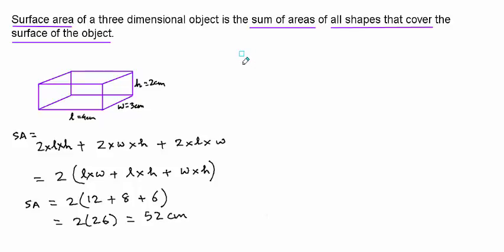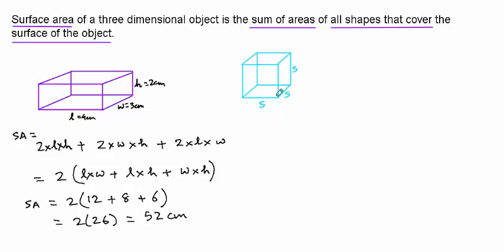A cube is a special type of rectangular prism in which all sides have the same length. So if the length is S, so is the width and the height.